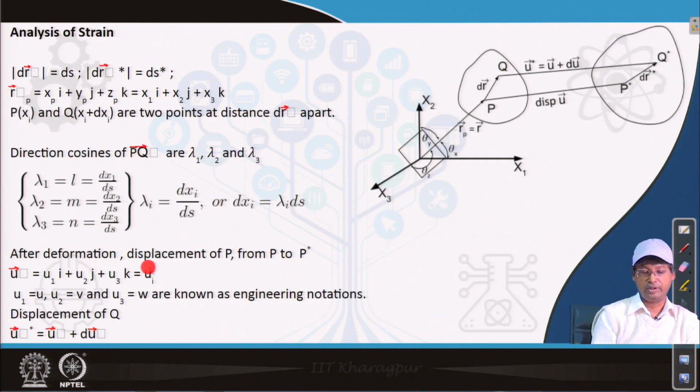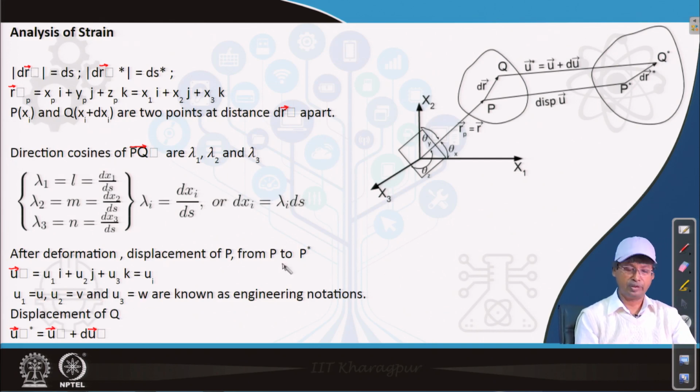After deformation, the displacement of p from p to p star, this we have said, and u is u i, where i is 1 again. Some similar terms are introduced here, though we will be using mostly the tensorial way, but these terms are introduced to give you the correlation with the already experienced or learned system.